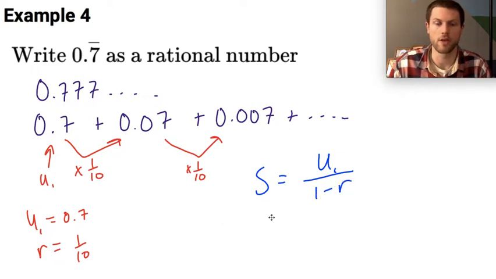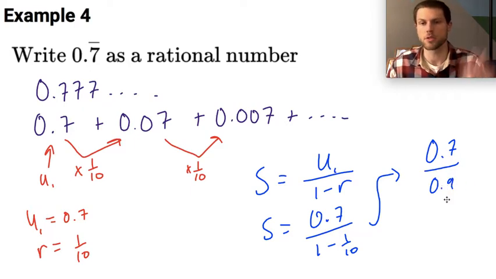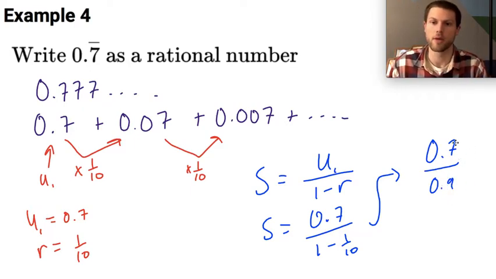So now we're just plugging stuff in. So S is going to equal 0.7 over 1 minus 1/10. And I can simplify this: 1 minus 1/10 is 9/10, or 0.9. And we don't like these decimals in the fractions like this, so I can just multiply top and bottom by 10 to get rid of these decimal places, and this is actually equal to 7/9.